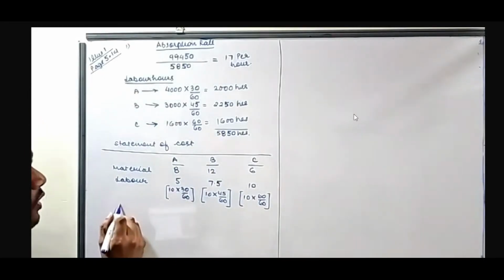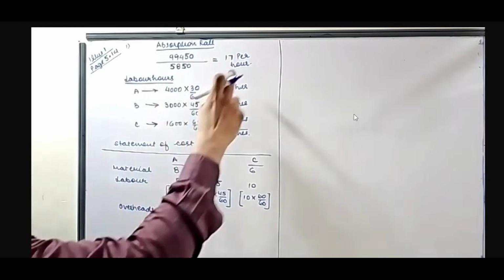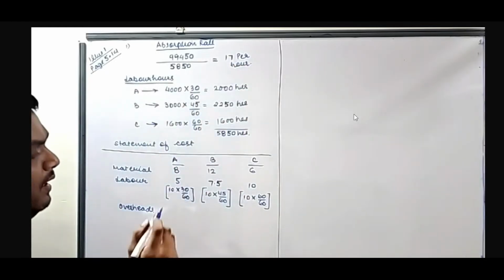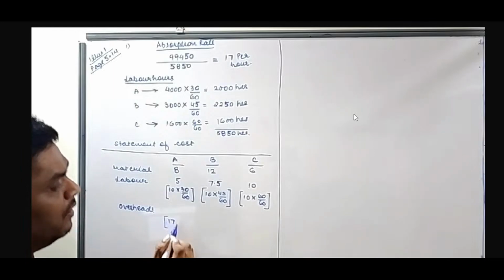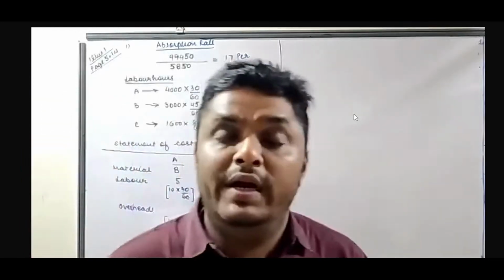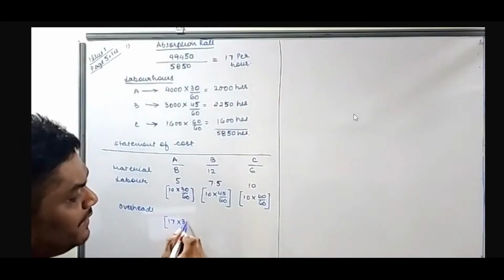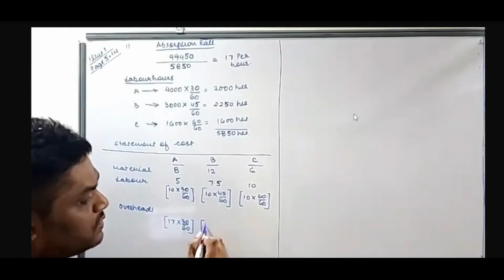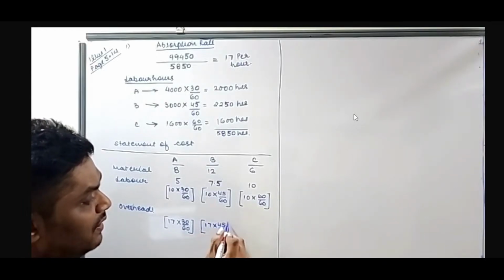Now let's calculate the overheads also. See, we have calculated the rate per hour, and the rate per hour is how much? 17. 17 rupees are the overheads per hour. So herein, we have worked only for 30 minutes. So 17 into 30 divided by 60. Here also 17 into 45 divided by 60.